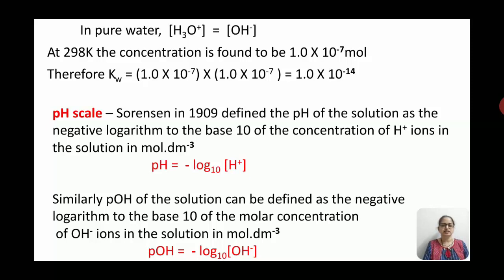So, the definition is, it is defined as the negative logarithm to the base 10 of the molar concentration of OH minus ions in the solution in moles per dm cube. Mathematical expression, pOH is equal to minus log to the base 10 of hydroxide ion concentration. That means if the OH minus ion concentration in the solution is less, pOH will be more. Vice versa, if the OH minus ion concentration in the solution is more, pOH will be less.